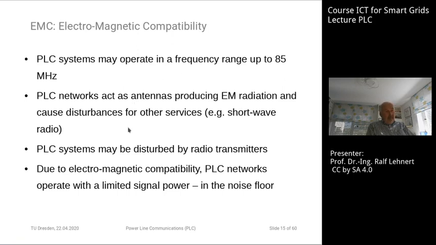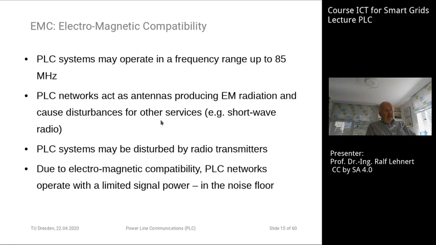Also, the PLC networks produce their own radiation and can cause disturbances for other services, for instance shortwave radio. And they may also be disturbed by high-power radio transmitters.